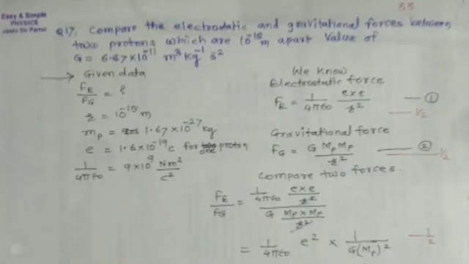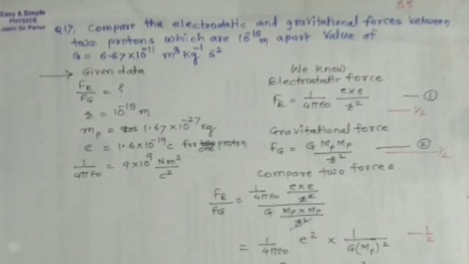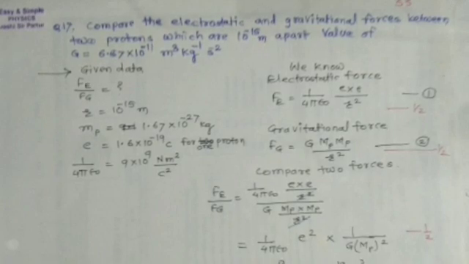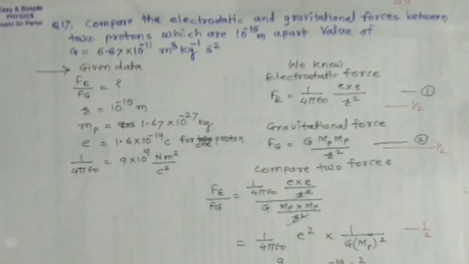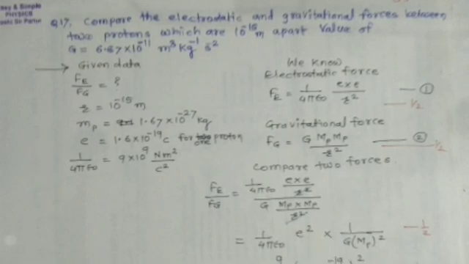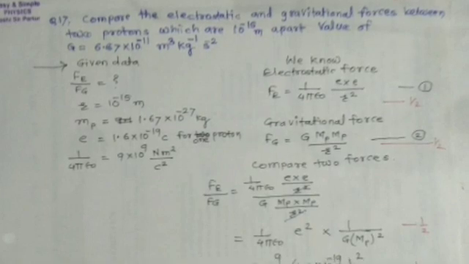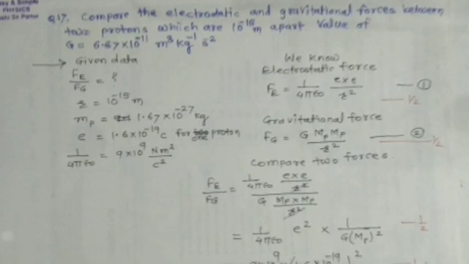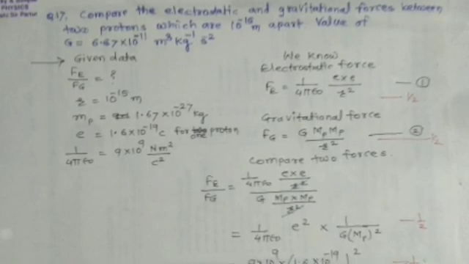Question number 17. Numerical. Compare the electrostatic and gravitational forces between two protons which are 10 raised to minus 15 meter apart. The value of capital G is equal to 6.67 into 10 raised to minus 11 meter cubed kg raised to minus 1 second raised to minus 2. Given data: ratio Fe upon Fg is equal to question mark.